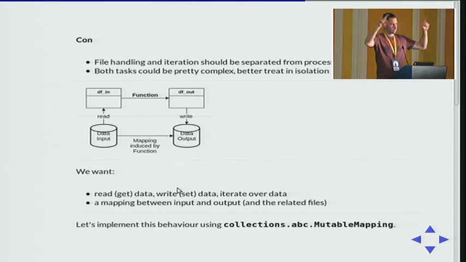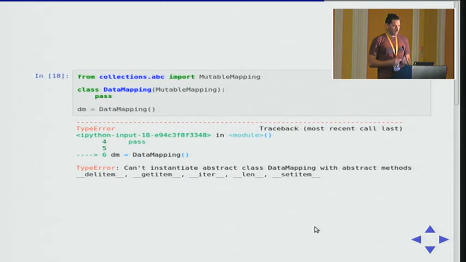So in fact we have a number of mappings here, and since we're talking about mappings, we can think about implementing a container that mimics the behavior of a mutable mapping to implement exactly this functionality. So what we need is, using the collections module, the abstract base class MutableMapping, and come up with our version of reading and writing and all these things.